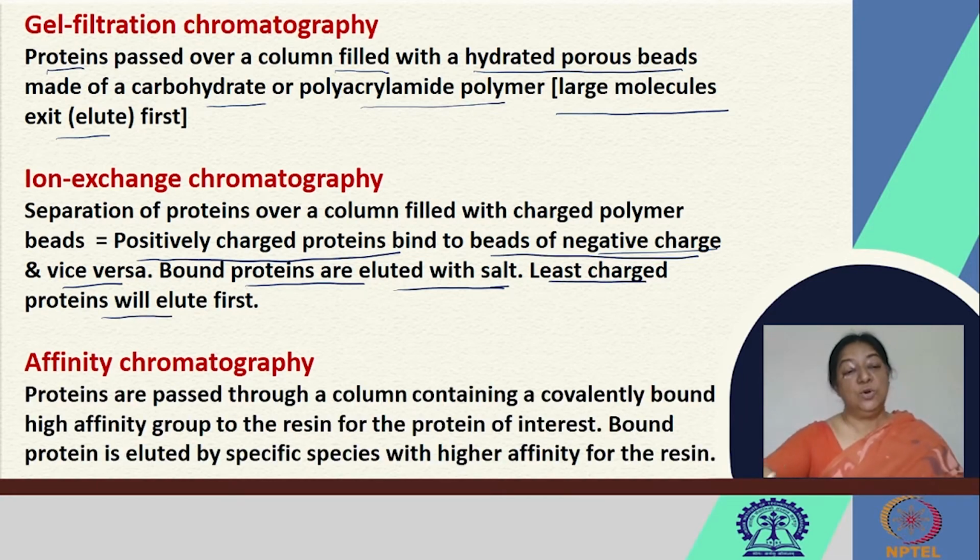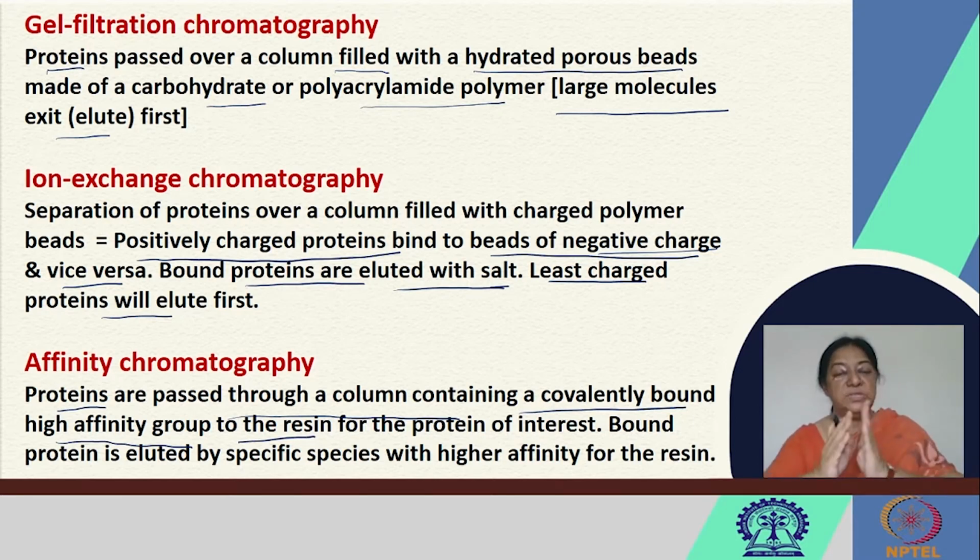In affinity chromatography, the proteins are passed through a column containing a covalently bound high affinity group to the resin for the specific protein of interest. So we are looking at the property of the protein that has a specific affinity for any compound, be it glucose, be it DNA.